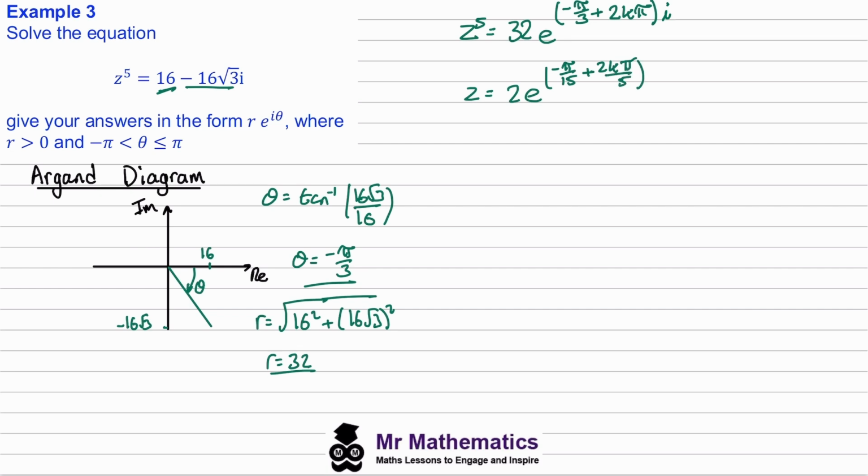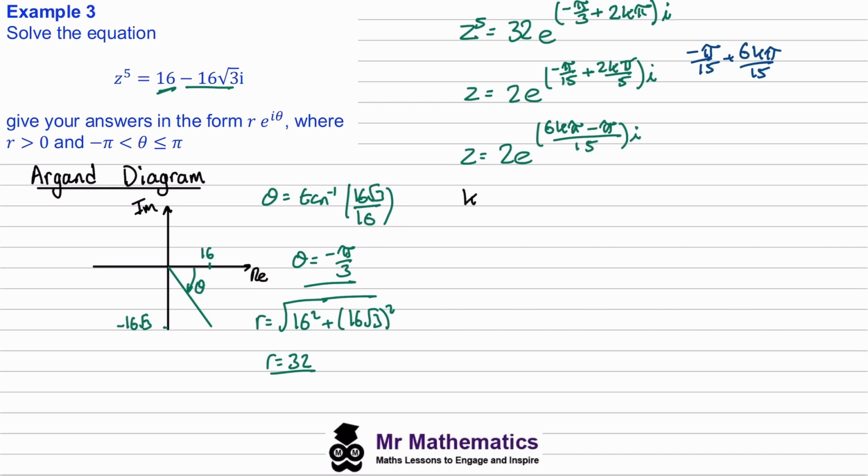And then I'm just going to simplify this addition as negative pi over 15 plus 6k pi over the same denominator. So then I can simplify this: z will be 2e to the (6k pi minus pi) over 15i.